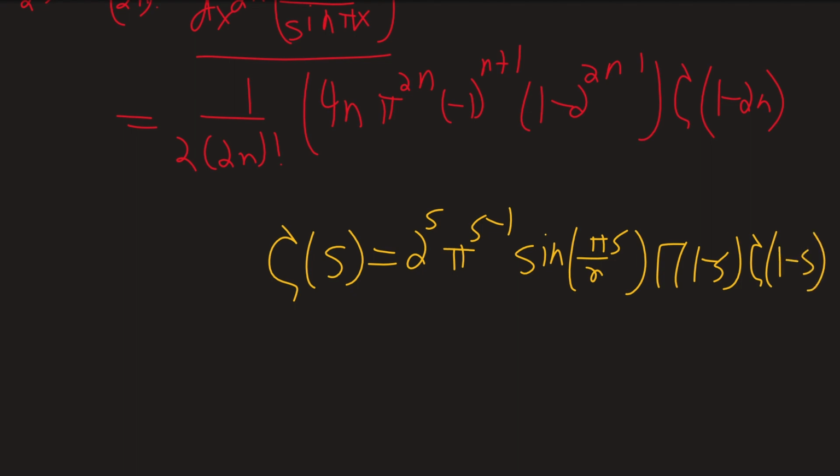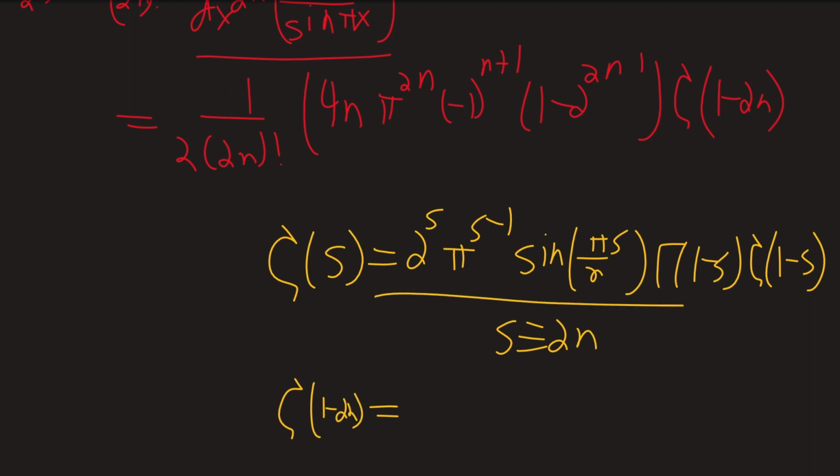Which again is quite long and not very nice, but if we simply let s equal, say, 2n, then what we find is that this becomes, or perhaps I should solve for zeta of 1 minus 2n first. That would be more helpful. So zeta of 1 minus 2n, we just got to move all that to the other side.